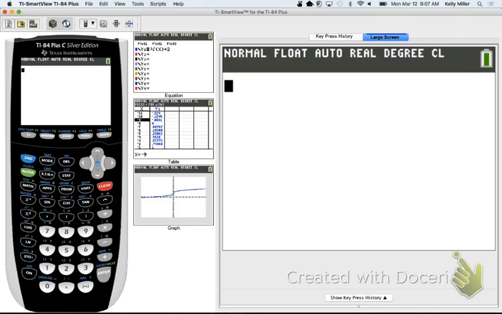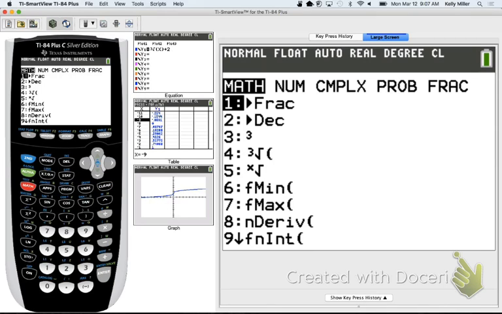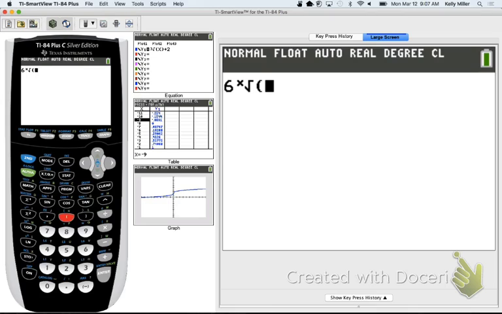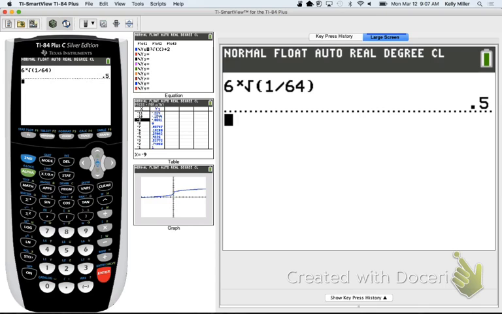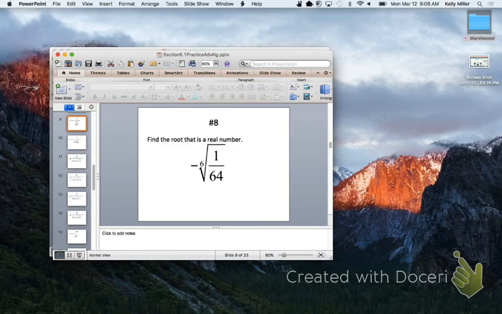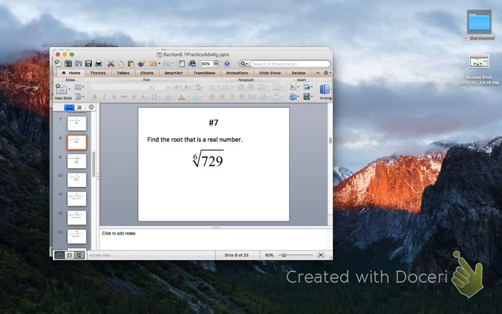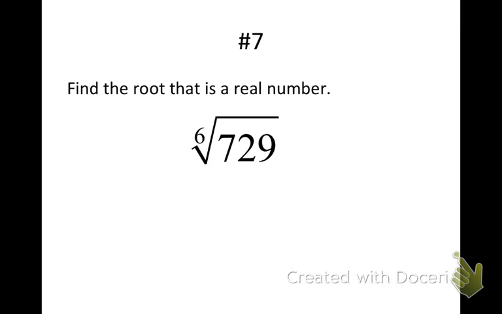Maybe I just need to get rid of that. Maybe I just need to do the 6th root of 1/64 and then take the negative of that. There we go. So 0.5. Any other ones? What about the 6th root of 729? Hopefully you're getting 3.